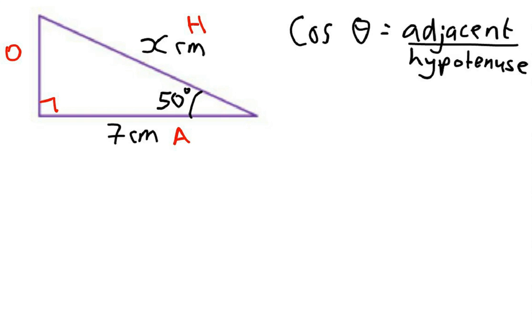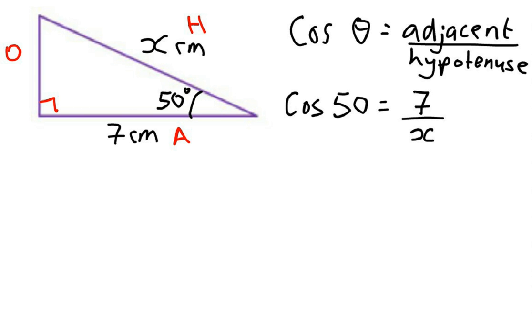So we have cosine of theta, which in this example is 50 degrees, equal to the adjacent, 7 centimeters, divided by the hypotenuse, which is x centimeters.